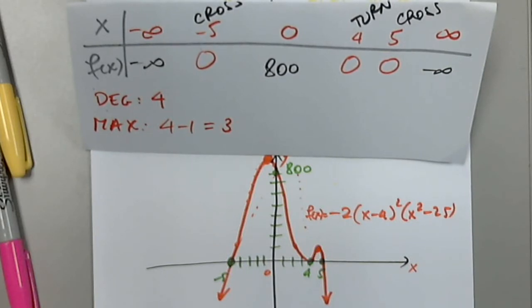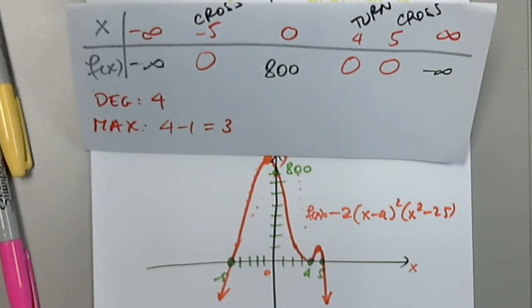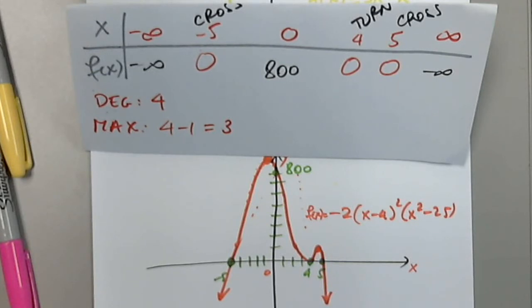Let's go to the y equals, clear. And we put in negative 2, in parentheses, x minus 4. It was x minus 4 squared, correct. X minus 4 squared. And then parentheses, x squared minus 25.